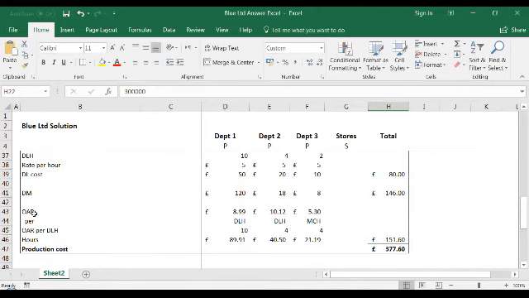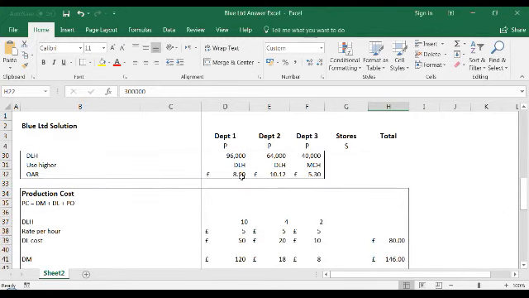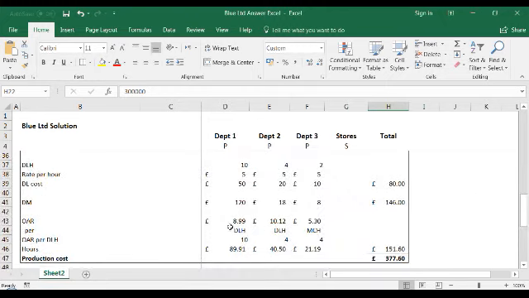Now, how much of the production overhead? So for that we use the overhead absorption rate that we have just found in our previous step. So these three are the overhead absorption rates. We use them. Since these two are labor hour based, we multiply the labor hours 10 and 4, and we get 89.91 and 40.50, and this one is machine hour, so 4 times 5.30.